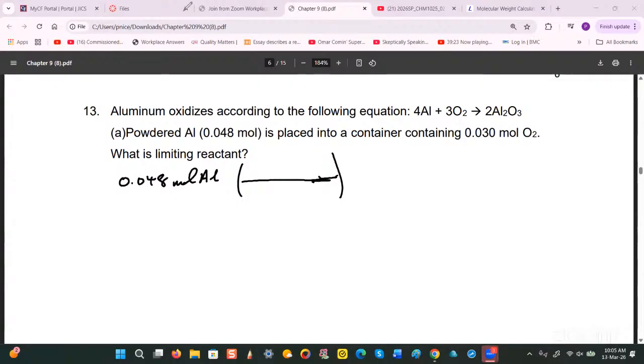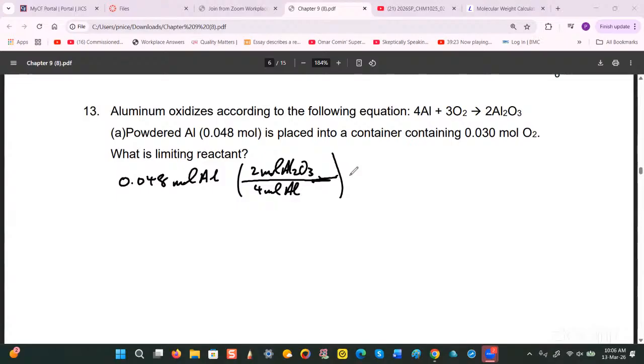Okay, somebody is saying something in the chat. This person said 2 moles of aluminum oxide over 4 moles of aluminum, and I would agree with that. So 2 moles of Al2O3 over 4 moles of aluminum.